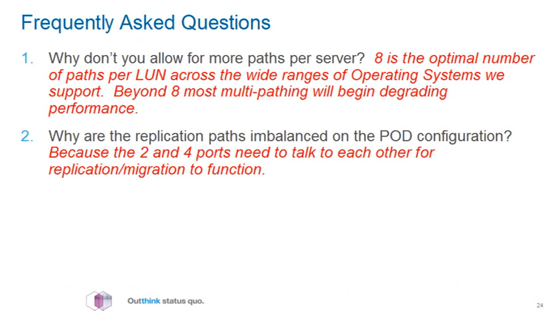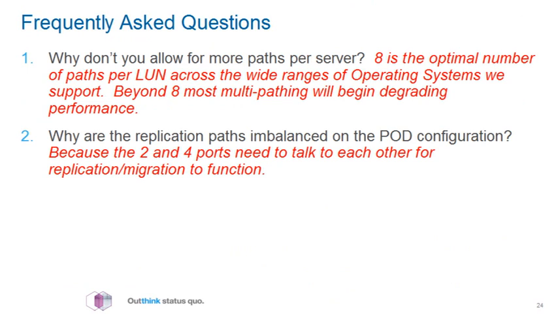Slide 25, in closing, is frequently asked questions. This will expand over time, but right now we only have 2. So question number 1 is, why don't you allow for more paths per server? I hinted at this throughout the slides, but 8 is the optimal number. Right?